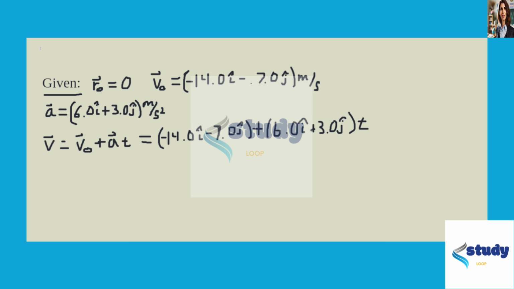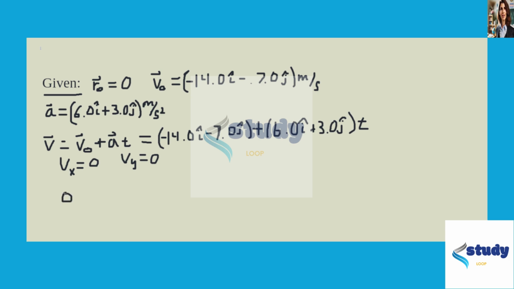Now, the object is at rest momentarily when both v of x, the x component, is equal to 0, and v of y is equal to 0. The x component, v of x, is minus 14 plus 6 times the time.